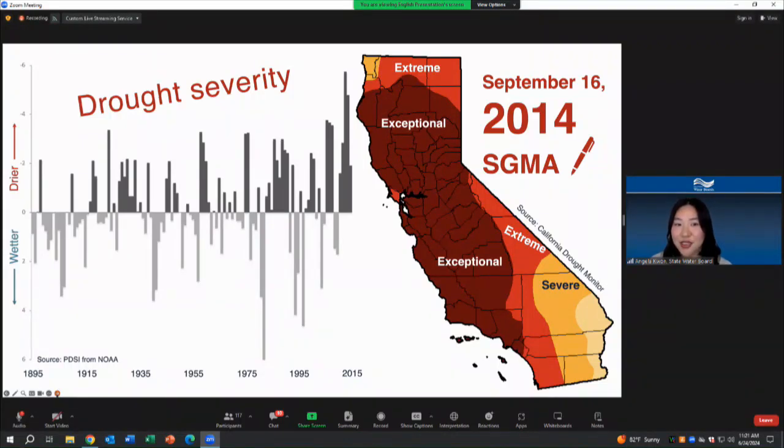SGMA was passed in order to establish plans for sustainable groundwater management in California for the first time, especially in groundwater basins that were critically overdrafted, which means they have been severely depleted by pumping.